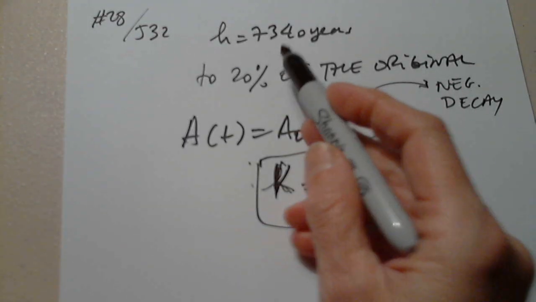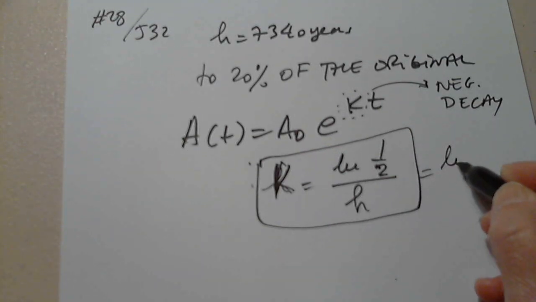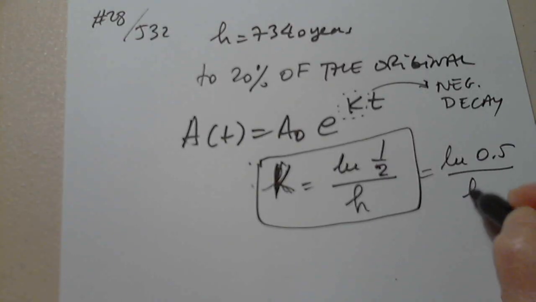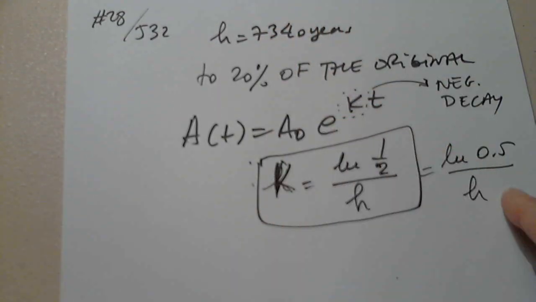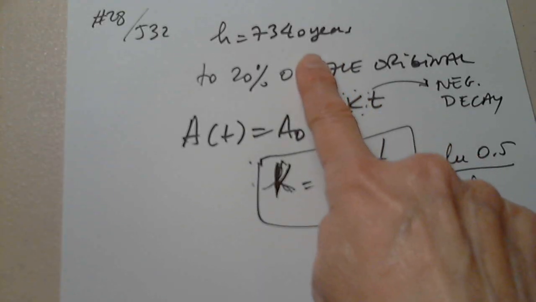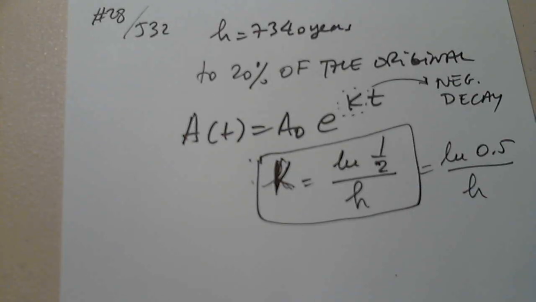So natural log of 0.5 divided by 7,340 gives the decay rate.